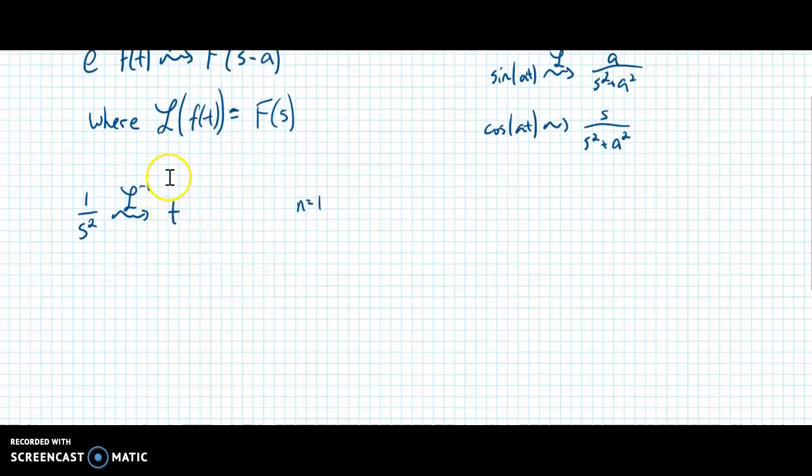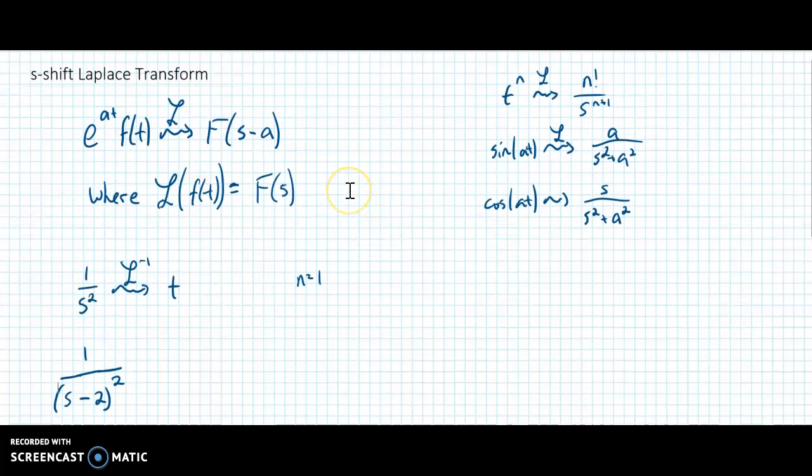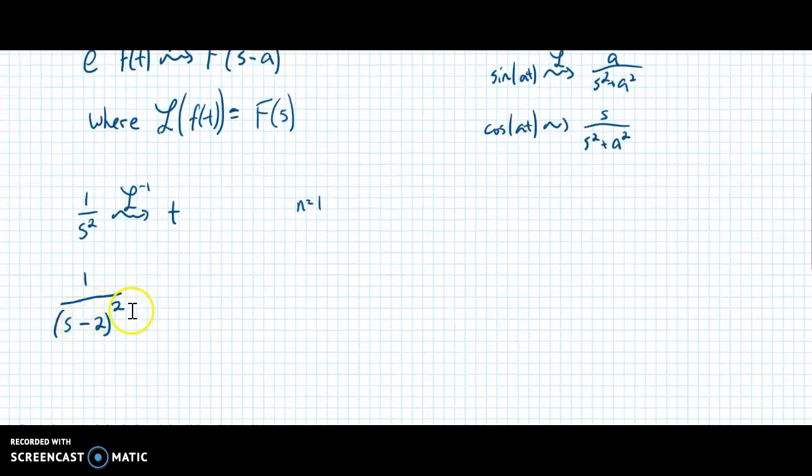So let's do the Laplace transform of 1 over s minus 2 squared. So what I want you to see here is that the base expression that I have here is 1 over something squared, right?